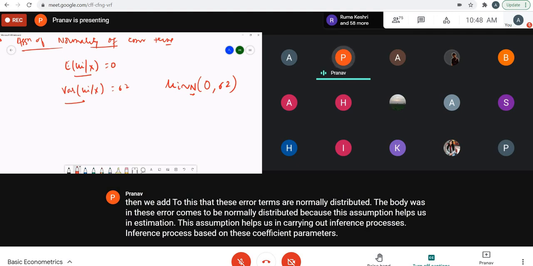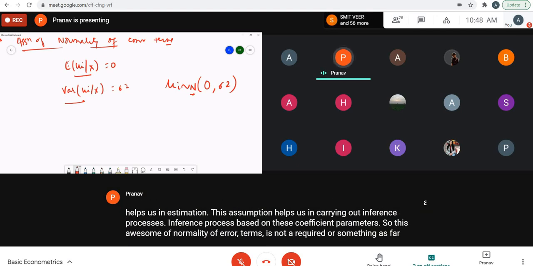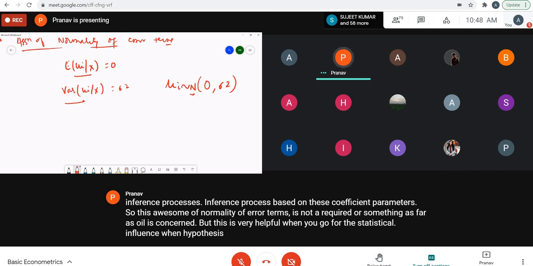So this assumption of normality of error terms is not a required assumption as far as OLS is concerned, but it is very helpful when you go for statistical inference, when hypothesis testing is concerned.